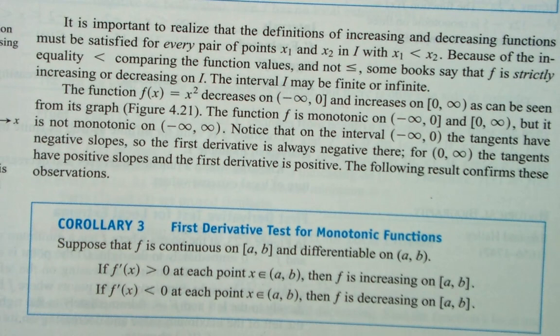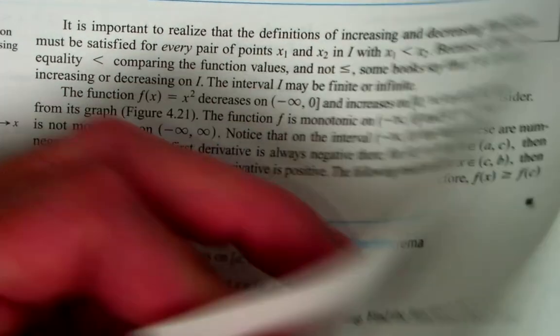Does that make sense? Why? Because it's a positive slope. Good. When the slope is positive, it's increasing. When the slope is negative, it's decreasing. Ta-da! The first derivative test. We talked just slightly about that yesterday.